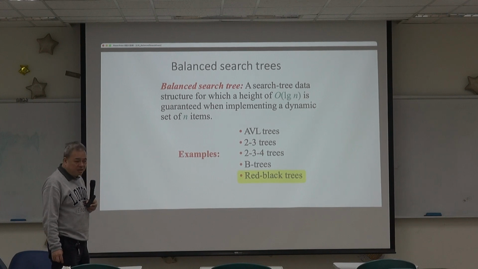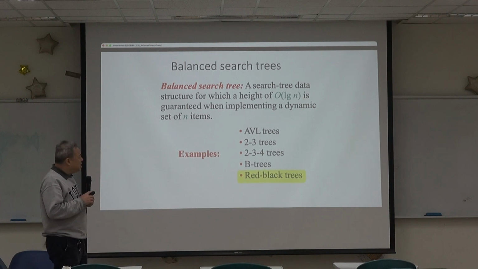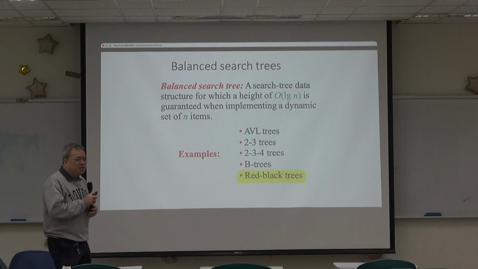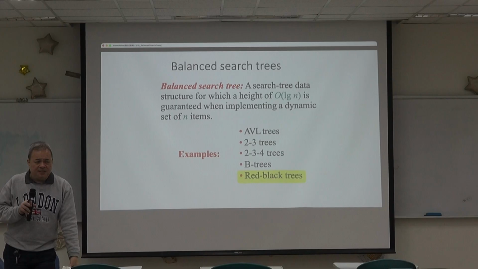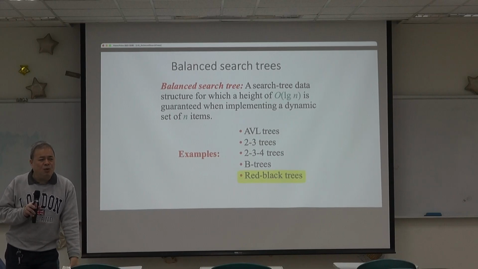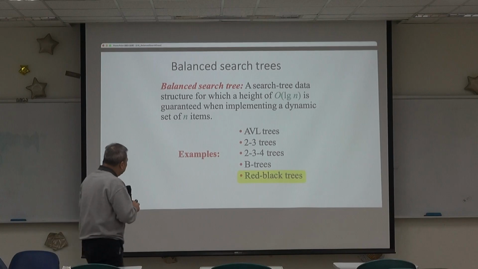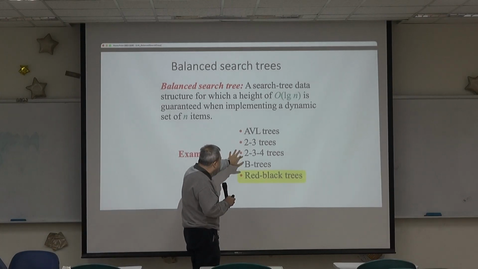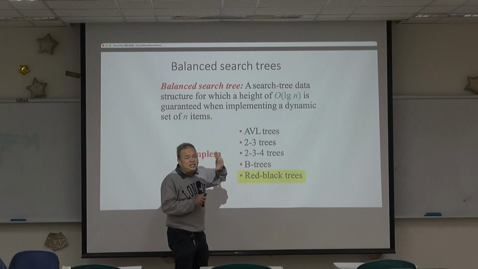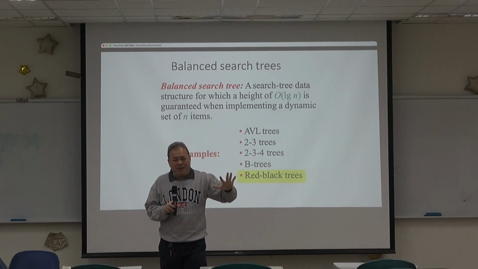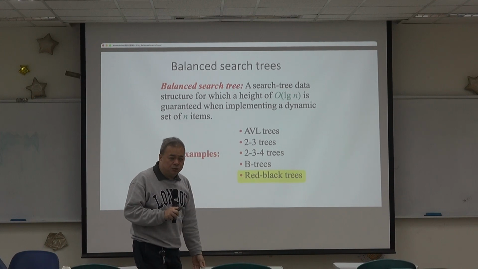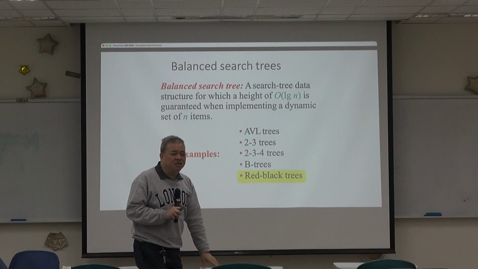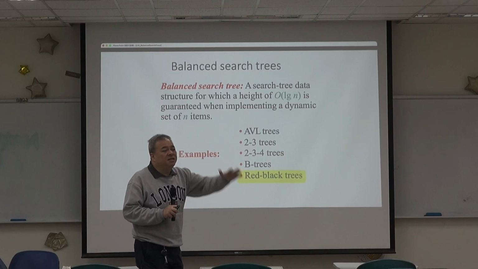It is relatively difficult to guarantee balance property when the tree is binary. That is why you see the 2-3 tree, 2-3-4 tree, the B tree, they are search trees, but they are not binary search trees. And the AVL tree is a binary search tree, but it doesn't guarantee complete balance.